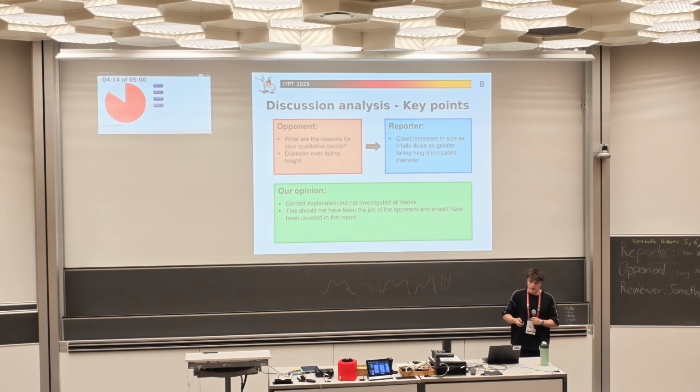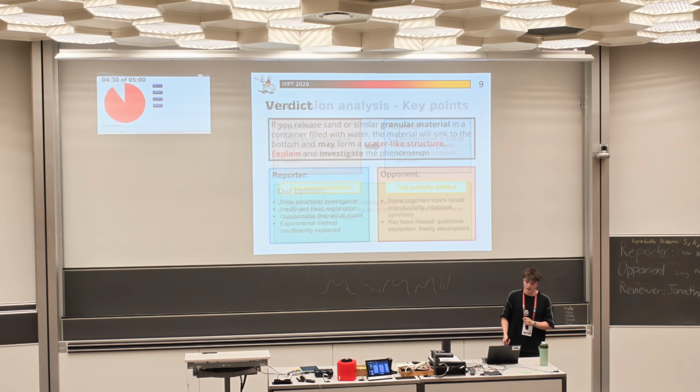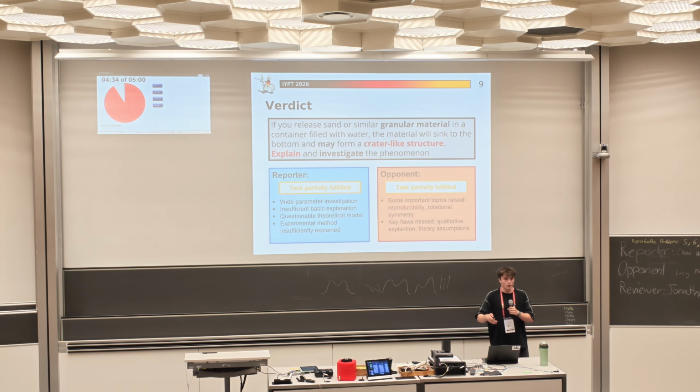Now, to the opponent's last point, why are the trends the way they are? And the reporter gave an explanation that the cloud increases linearly with water height, and this is a correct explanation. However, as stated, this assumption is not valid for these low water heights. Thus, we think that the task for the reporter was actually partially fulfilled with some wide parameter investigation.